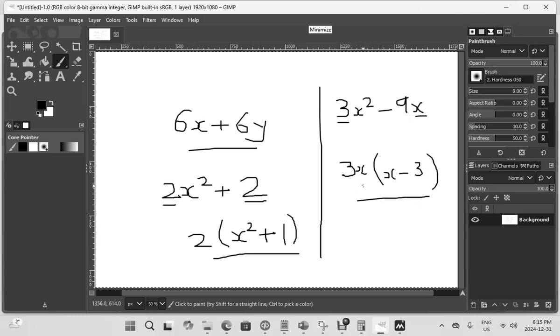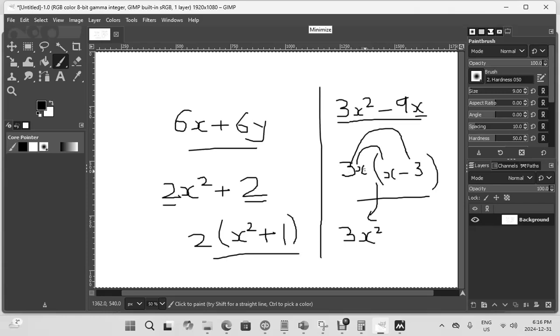The way you can double check this solution is by expanding it. When you multiply the term outside the bracket by all the numbers and variables inside the bracket, the result should be the original expression.